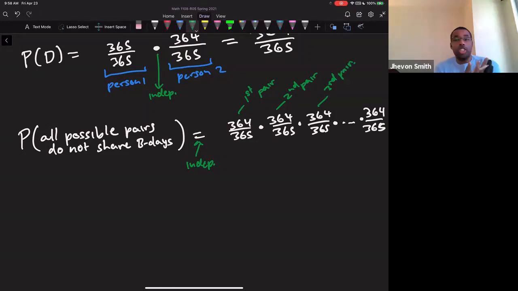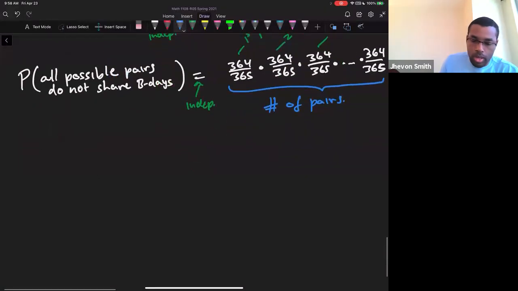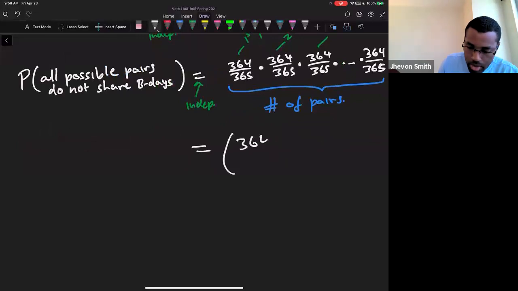So the first pair doesn't share it, and the second pair, and the third pair, and the fourth pair, and the fifth pair, and the sixth pair, and so on. And that happens for the number of pairs. So that probability would be 364 over 365 raised to the number of pairs.